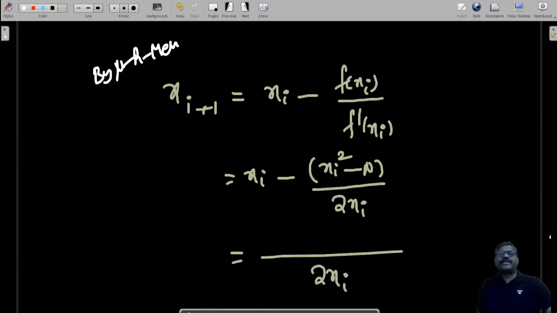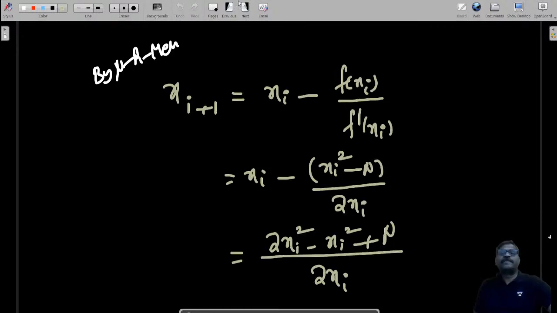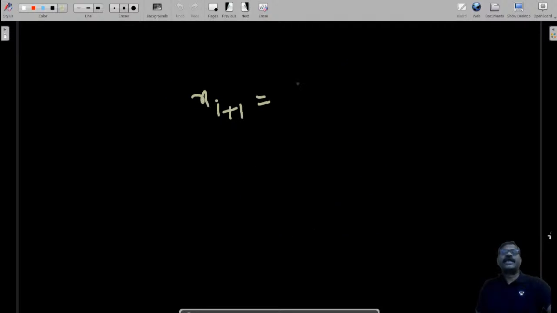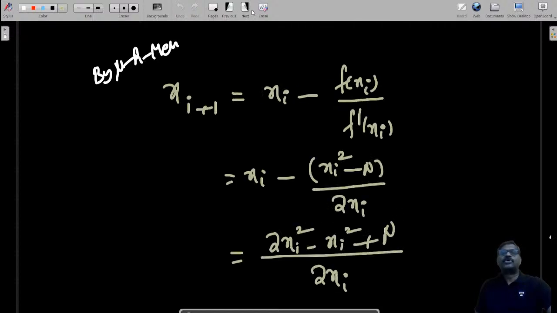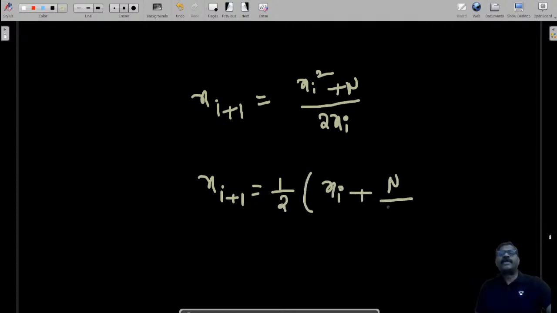The LCM is 2xi. 2xi into xi is 2xi square, minus xi square plus n, that is xi square plus n by 2xi, that is 1 by 2 of xi plus n by xi.